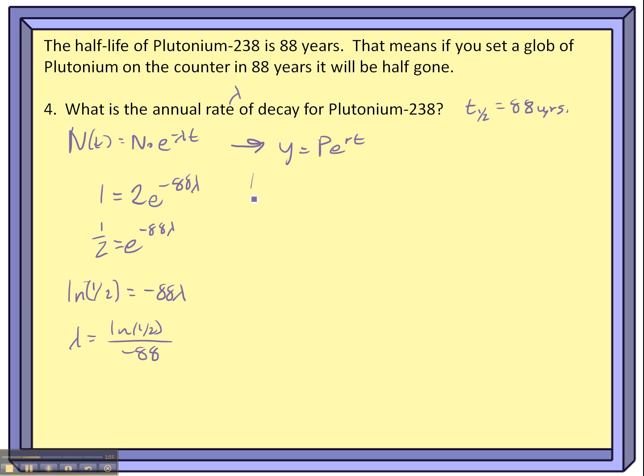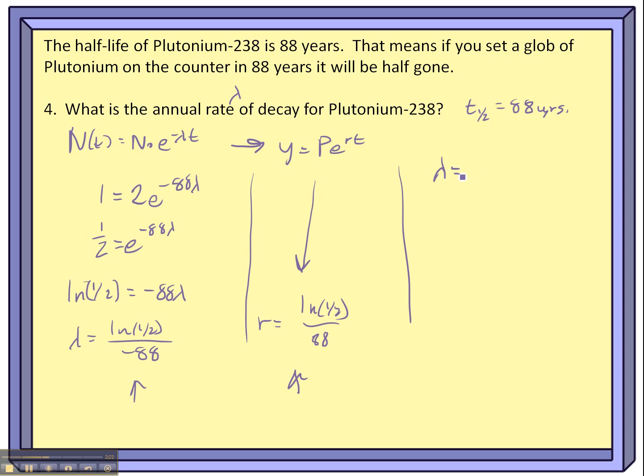If we had used the PERT model, we would have gotten the same exact thing, except it would have been natural log of 1/2 over just 88. This one over here is positive. This one will be negative, and like I said, you just have to keep in mind that the actual lambda is a positive number.